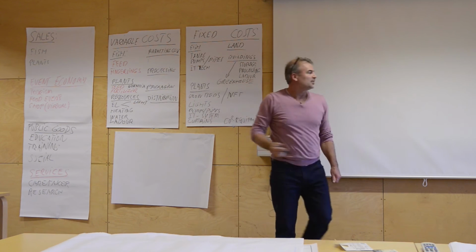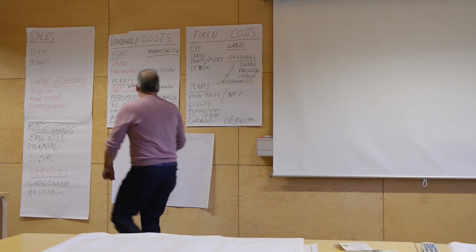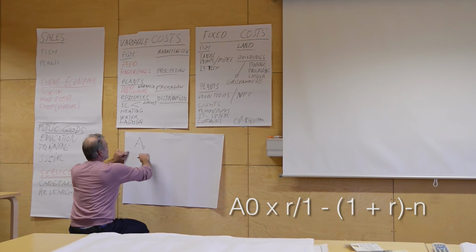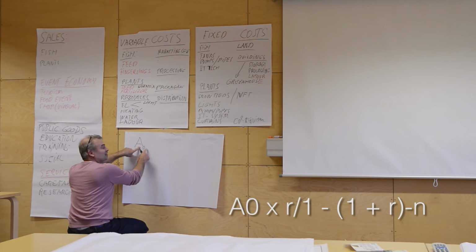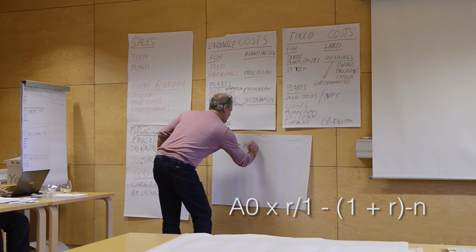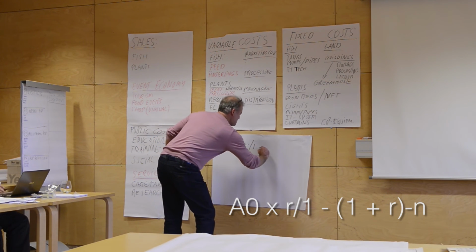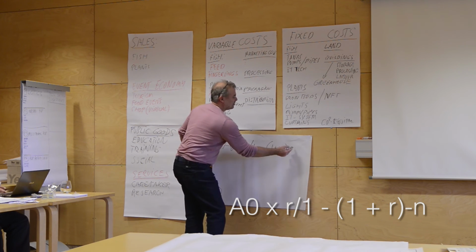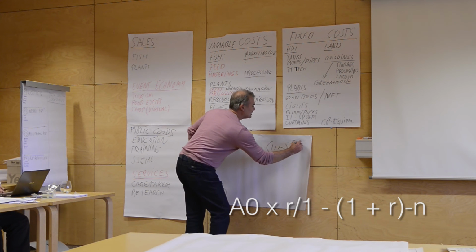Within 10 years, etc. So the formula is, and I've given you an example on it, A0, your annuity, that's your starting point, your 1 million, multiplied with your interest rate divided by 1 minus 1 plus the interest rate, raised to the power of the number of years.